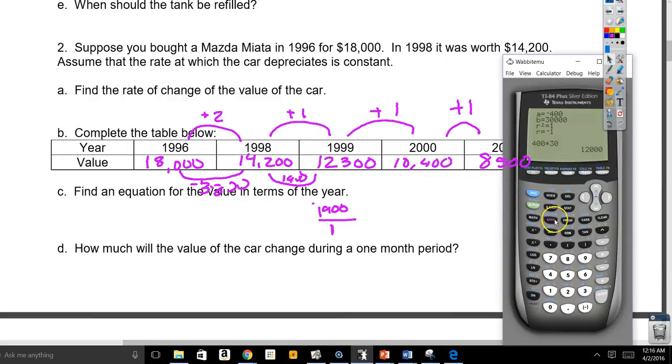So stat, edit. To get rid of it, you can go up on top of it, hit clear and down, clear down. So 1996.